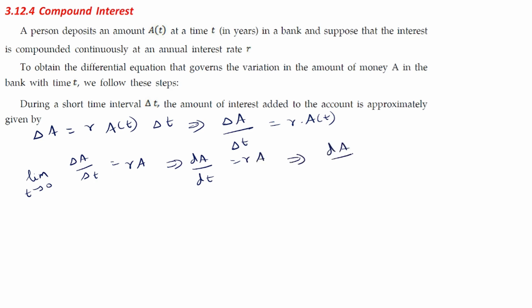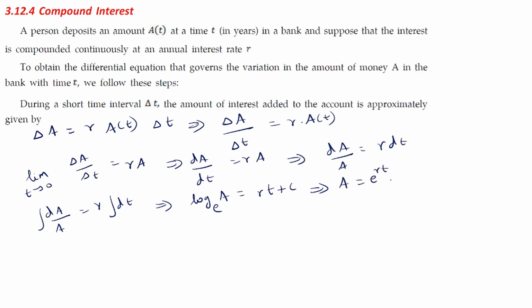So from this we have dA/A = R dt. Now we can integrate both sides: integral dA/A = R integral dt. We get log A = Rt + C. So this is log A to the base e. So from this we get A = e^(Rt) e^C.